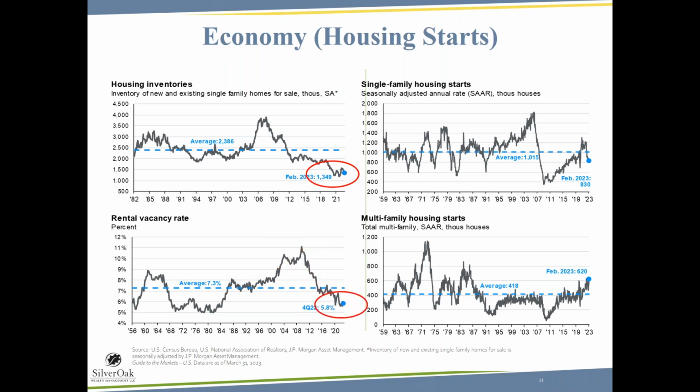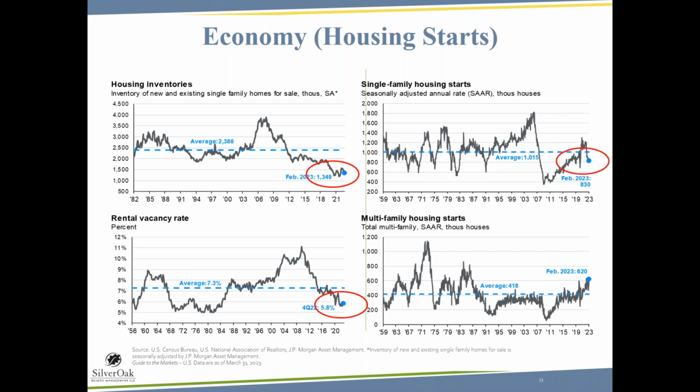Then, one of the things that we've seen this year is relatively high rental rates. But interestingly, because of the mortgage rates being so high, we've actually had a lot of demand for apartments. And so when we look at the vacancy rates among rental properties, it's very, very low.